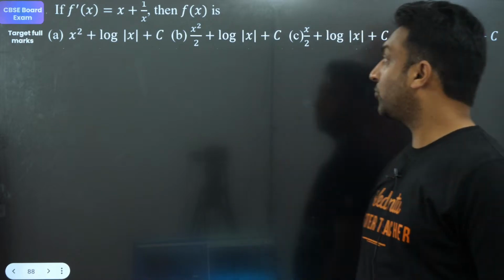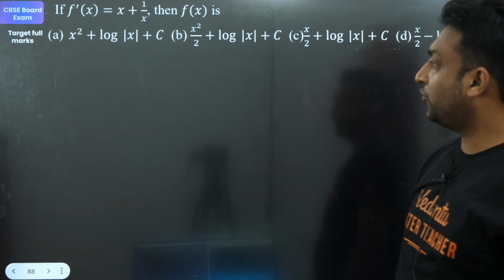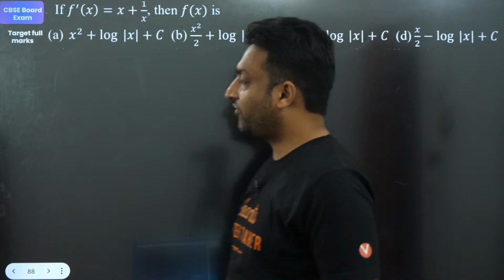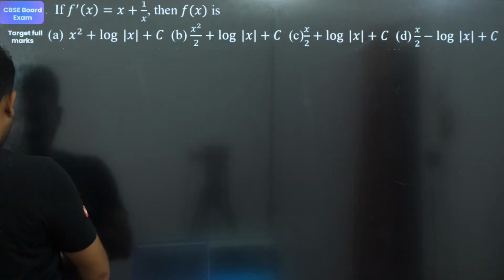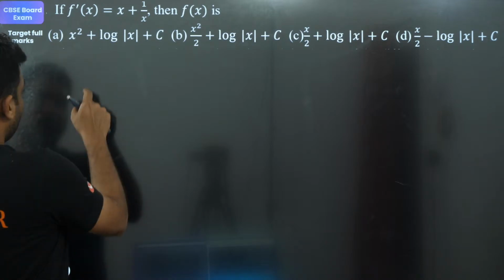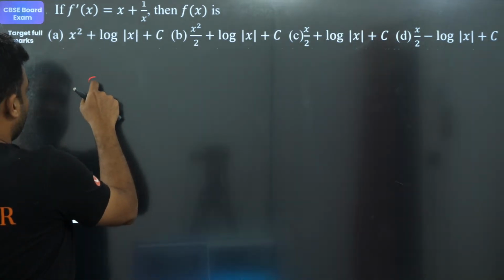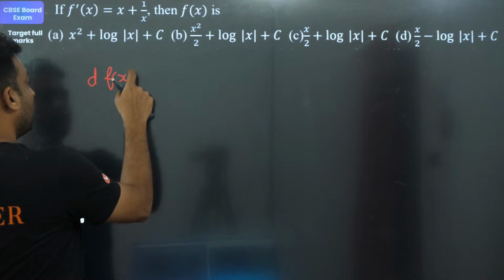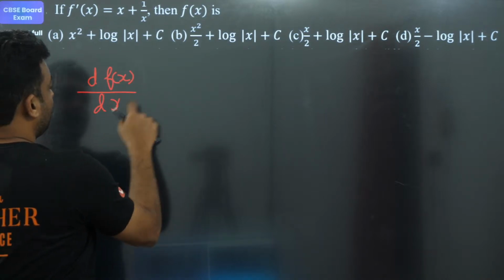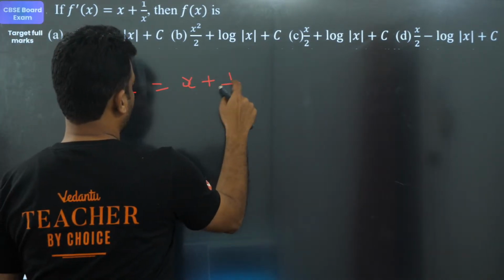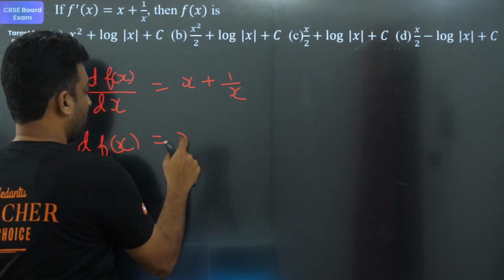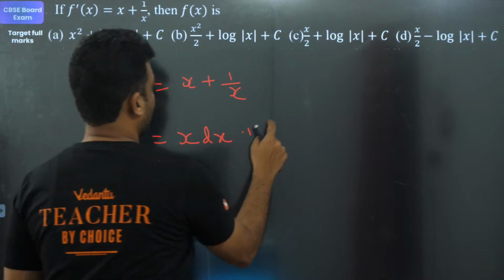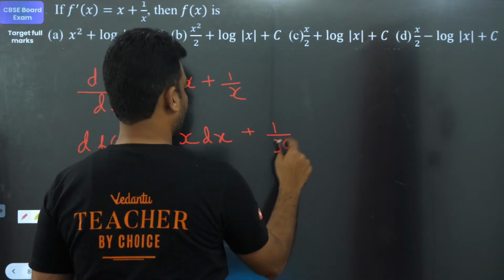f dash x is x plus 1 by x. We have to integrate and find f of x. So f dash x is x plus 1 by x. Derivative of f of x with respect to x is x plus 1 by x.